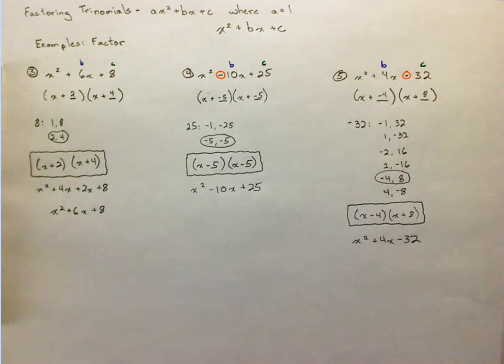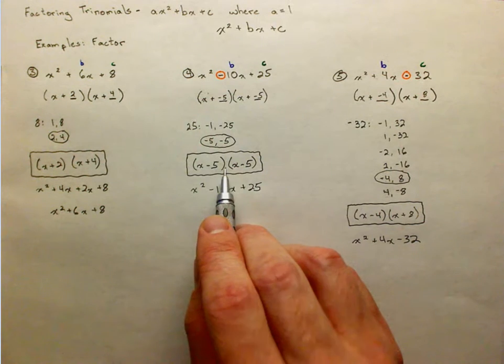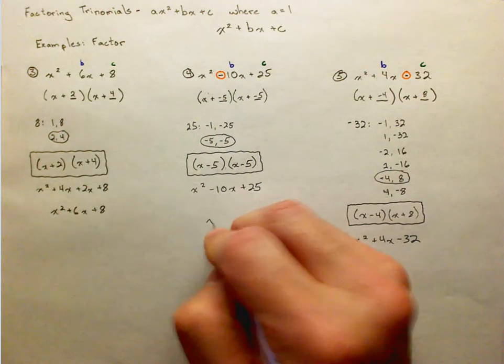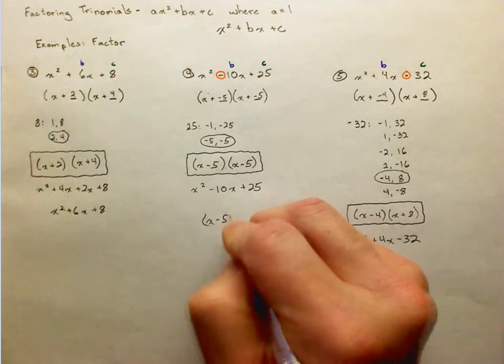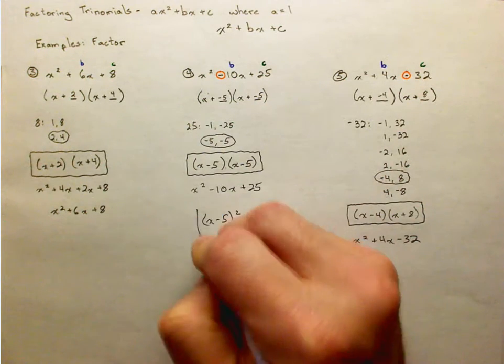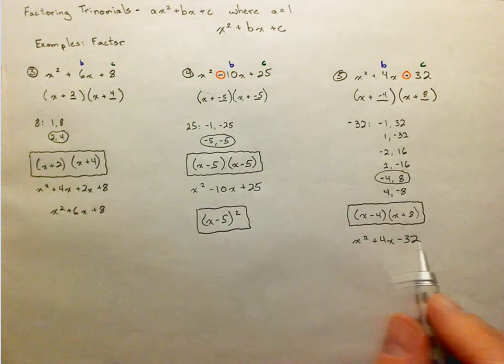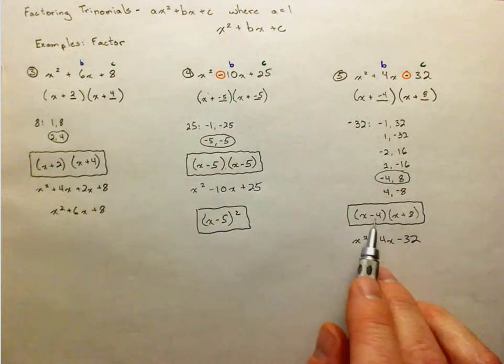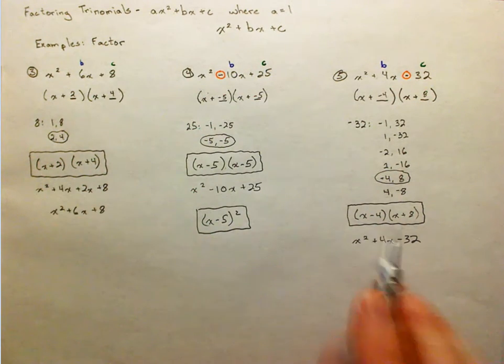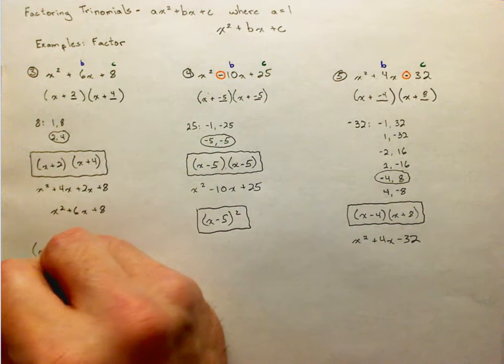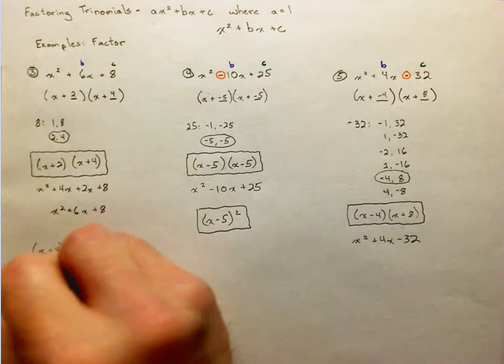Alright, one other thing I would like to point out is to make sure that you understand two things. This one here can be written as x minus 5 squared, same answer because it's times itself. And either one of these answers can be written in the opposite order. I can have x plus 4 times x plus 2.